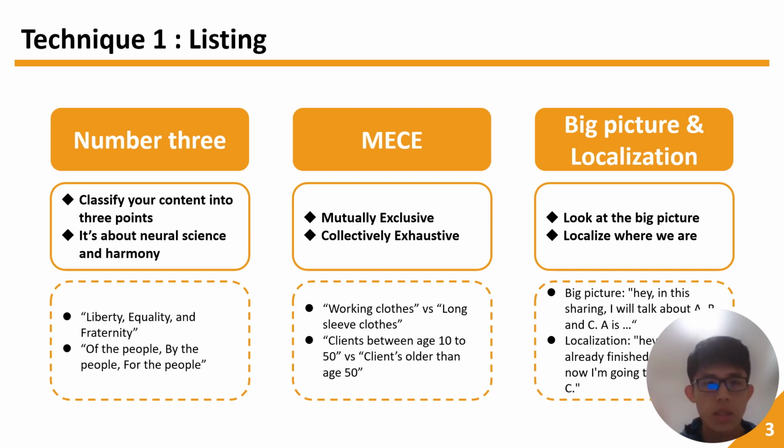And President Lincoln once said, the government of the people, by the people, for the people shall not perish from the earth. The above two examples show that once these slogans were sorted out into three points, they sound catchy and are easier for people to understand.